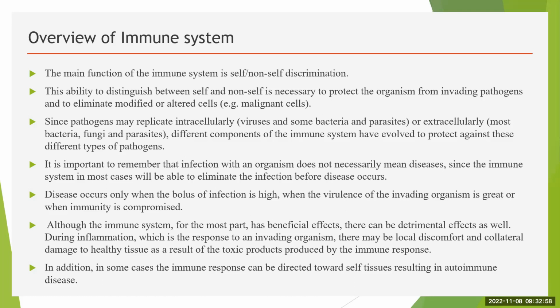And that inflammation, if it's excessive, might actually lead to death of an individual. So that is an example of where inflammation becomes detrimental to the body. Inflammation is there to protect you, but if it's excessive, it can be detrimental to the immune system and eventually to the life of an individual.